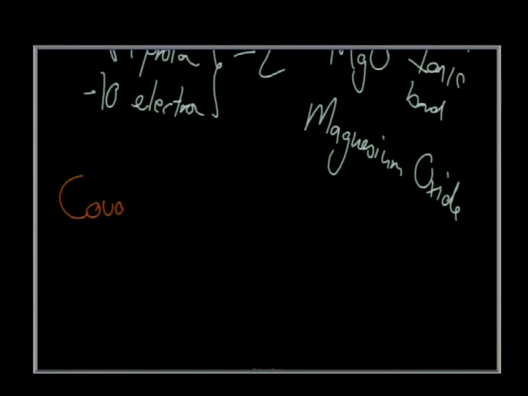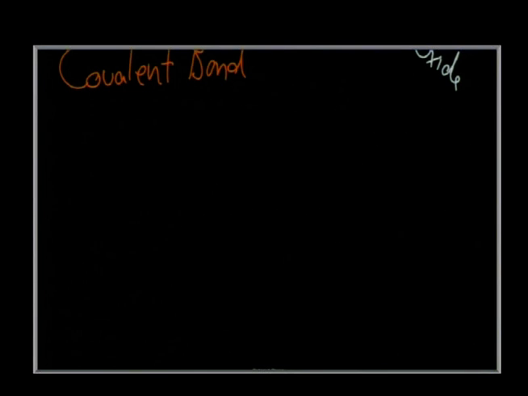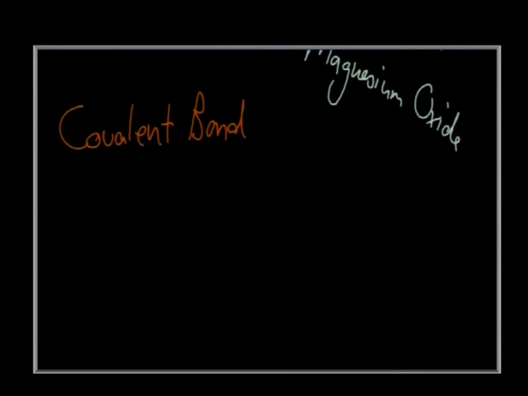What happens when nonmetal reacts with hydrogen? That's when we get covalent bonding. And I want to use the Lewis diagram to illustrate covalent bonding. So covalent bonding, the first example I'm going to do is hydrogen plus chlorine.